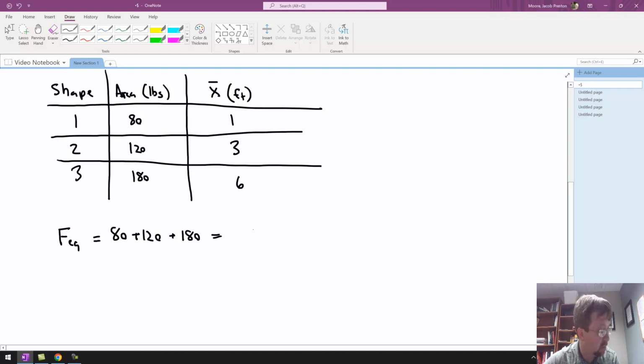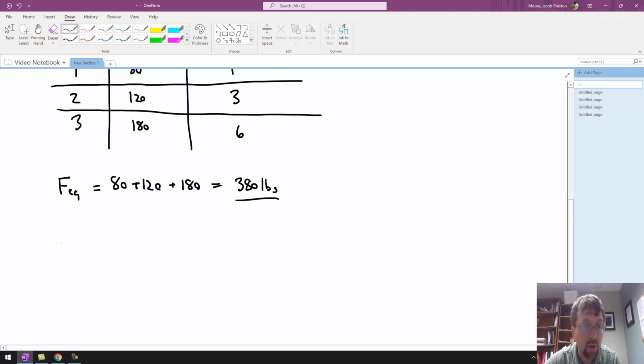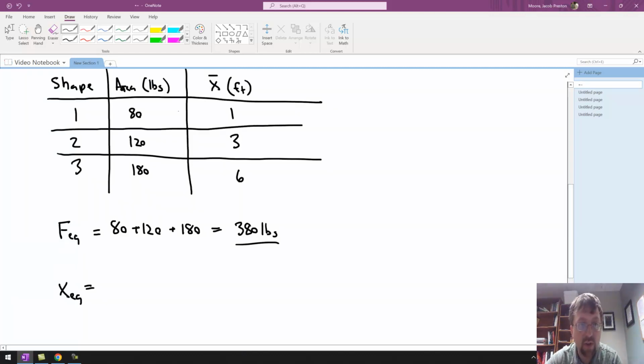Alright, so 80 plus 120 plus 180 is going to be 380 pounds. So that is one thing I'm looking for. For the location, X_EQ, I'm going to do area 1 times centroid 1, so 80 times 1, plus 120 times 3, plus 180 times 6.